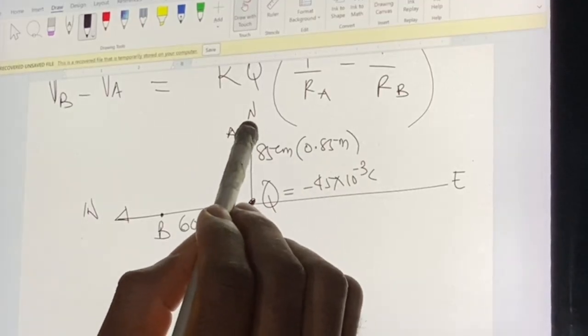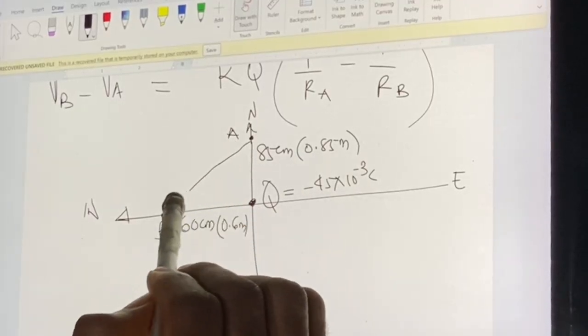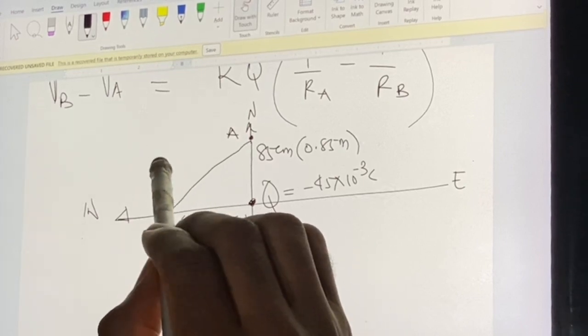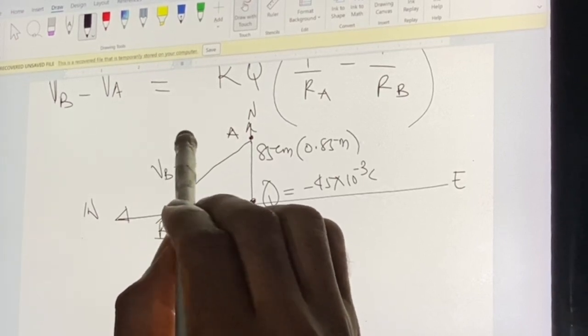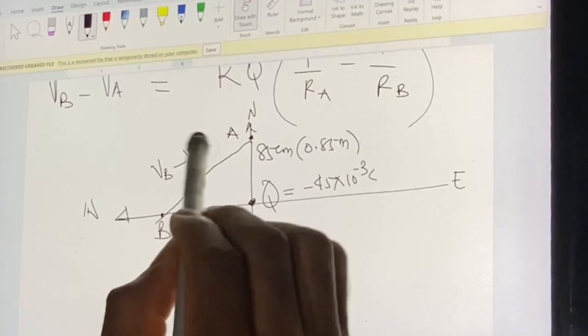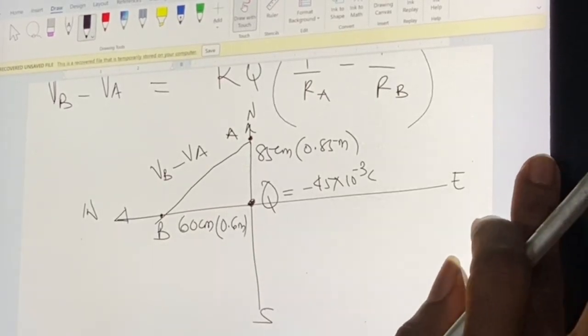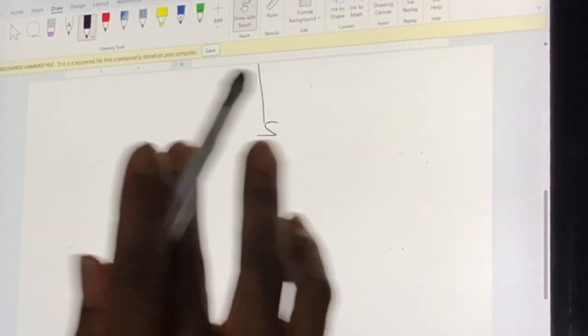So we have something like this. Okay, so we're asked to find VB minus VA. So let's replace the values here.